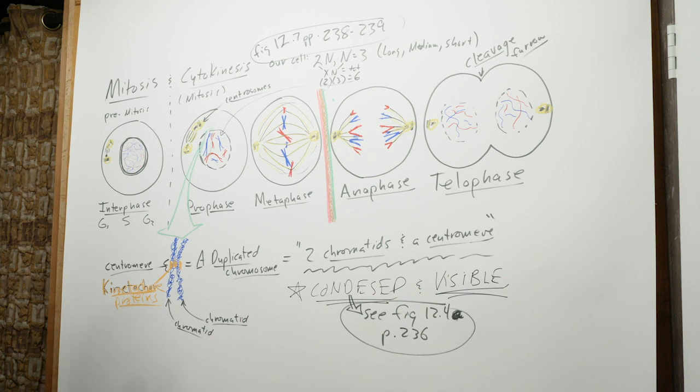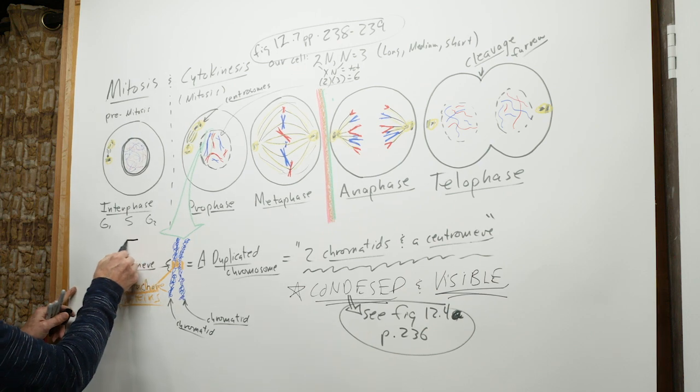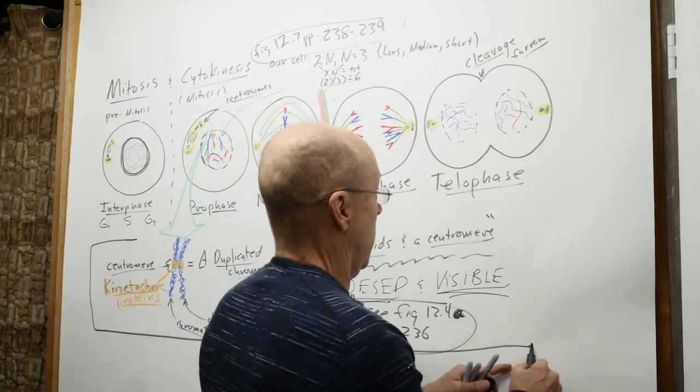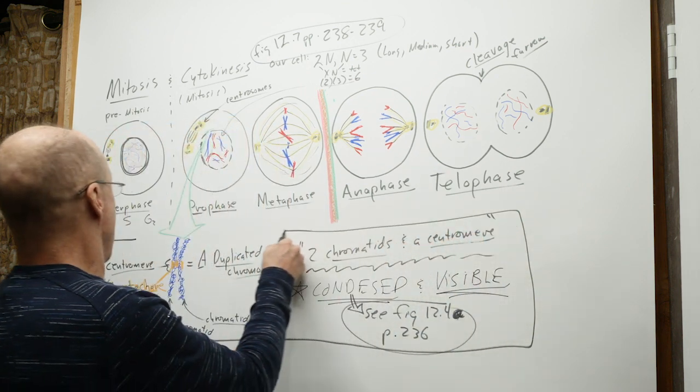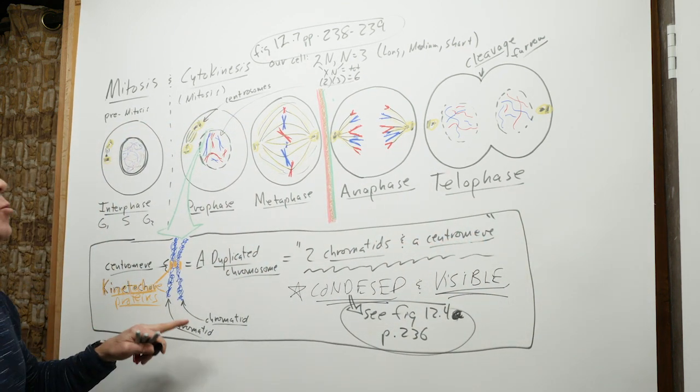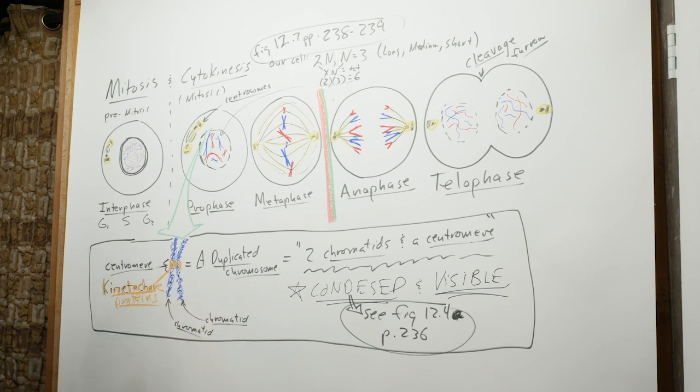One of the things I want to do is that now we know the whole life of a duplicated chromosome. So now that we know what it is, let's look at the life of the duplicated chromosome.